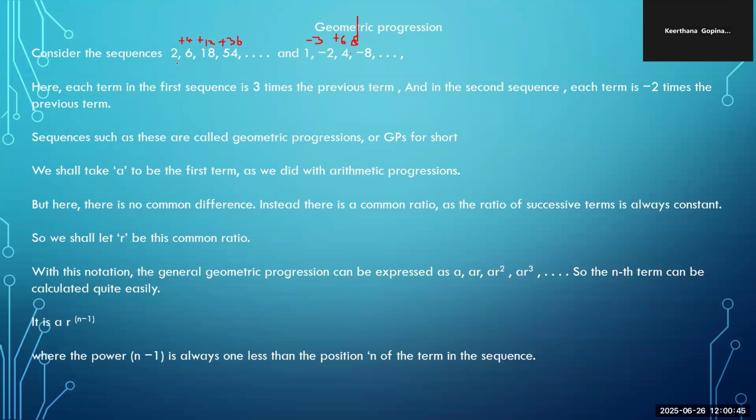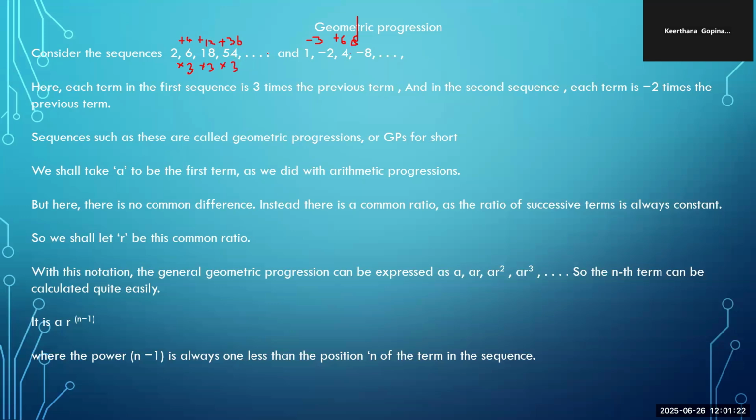Simple. 2 into 3 is 6. 6 into 3 is 18. 18 into 3 is 54. Are you getting it? Right or wrong?